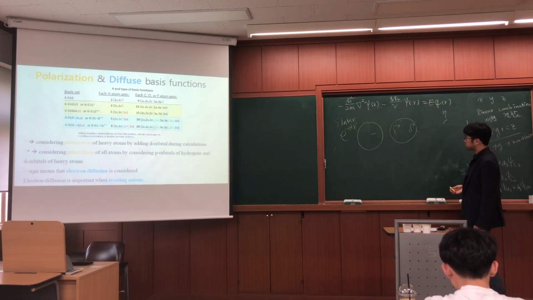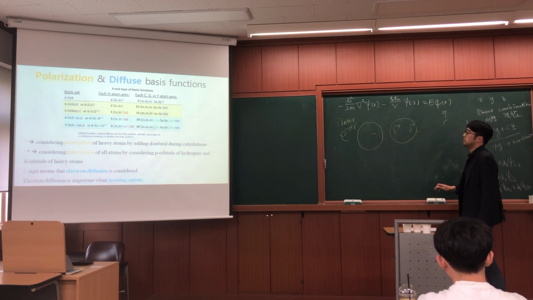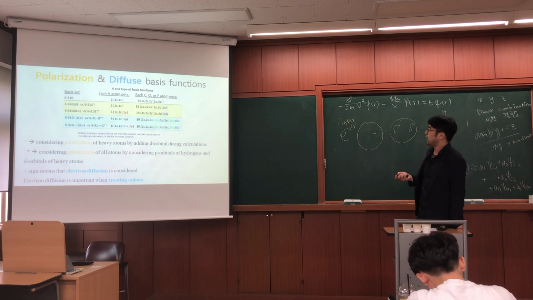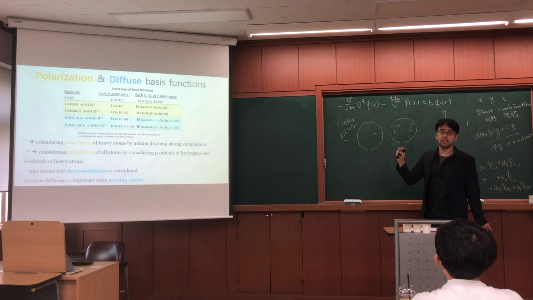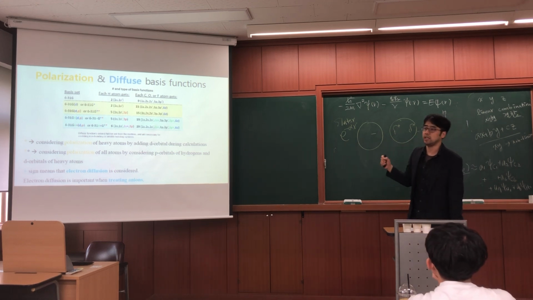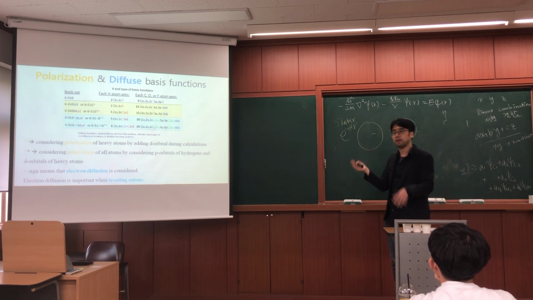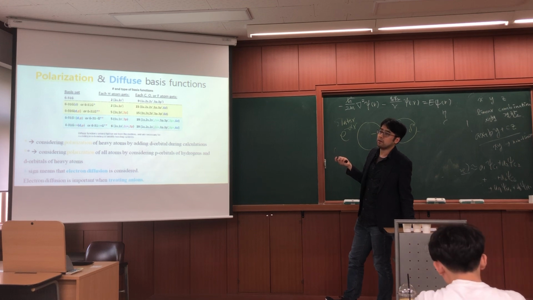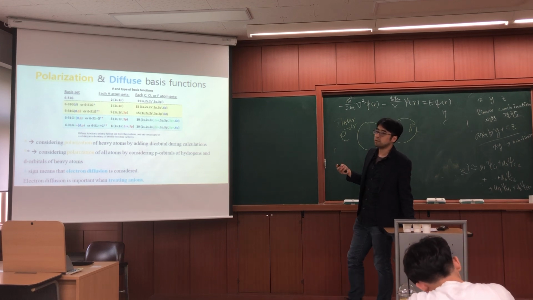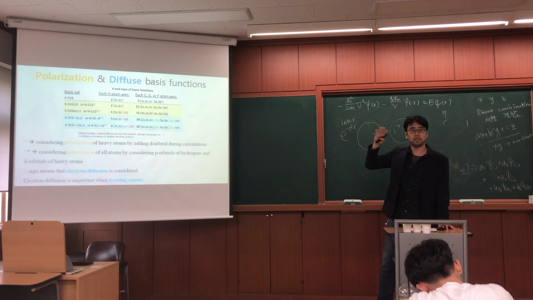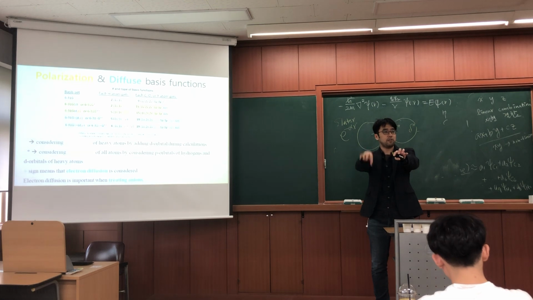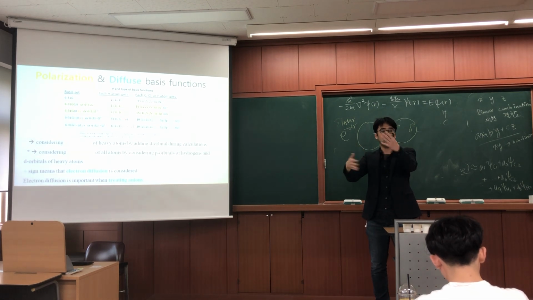And this kind of polarization effect is more important in heavy atoms, like transition metals. So one star means we're going to consider d orbitals for heavy atoms. Usually we don't consider d orbitals, right? If your system only consists of carbon and hydrogen, usually d orbitals are not important.